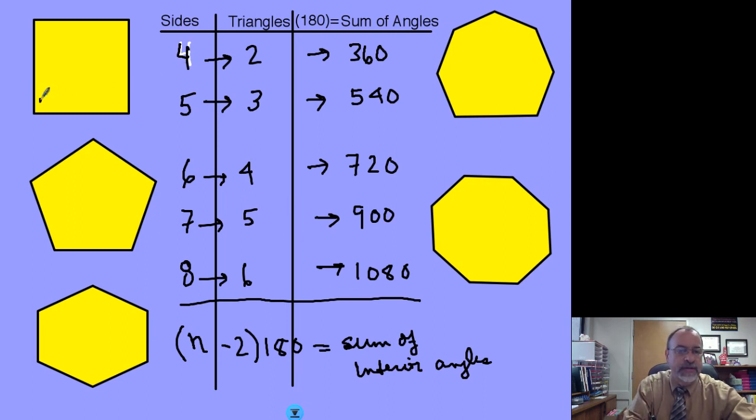So if I were to add this angle plus this angle plus this angle plus this angle, that should add up to 360. Or in a pentagon, if I added this angle plus this angle plus this angle, that would add up to 540. Or if I took one angle here plus this angle plus this angle plus this angle plus this angle plus this angle, that would equal 720.